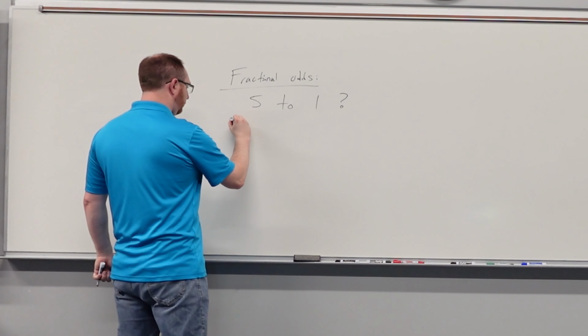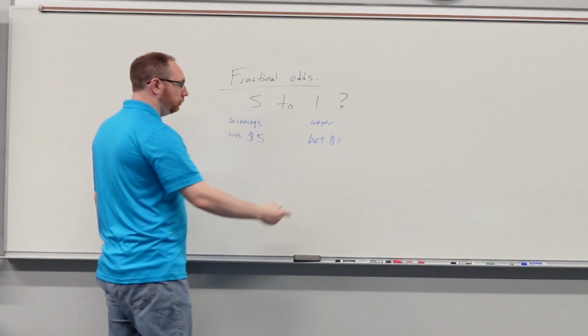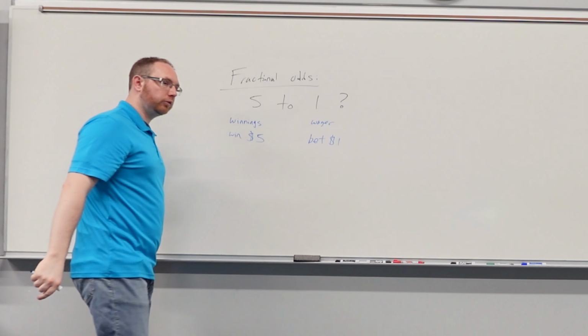So this is the winnings to the wager. So what this means is you're going to have to bet $1 and then you'll win $5. So 5 to 1 means you have to bet $1 to win $5. If it was 7 to 2, you have to bet $2 to win $7.